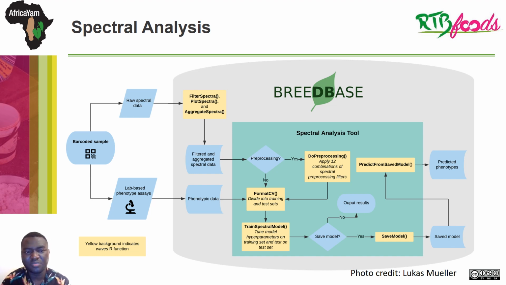It filters after loading your raw spectral data. It filters the data based on known algorithms like the Savitzky-Golay and some of the popular algorithms within the NIRS framework. And these are the functions that do cross validation and have your model saved. And at the end of it, you have your predicted phenotype.